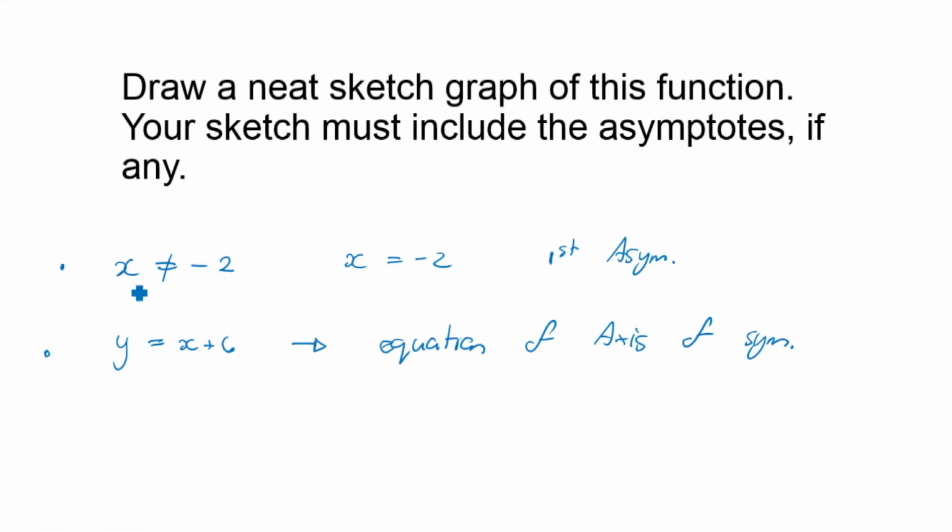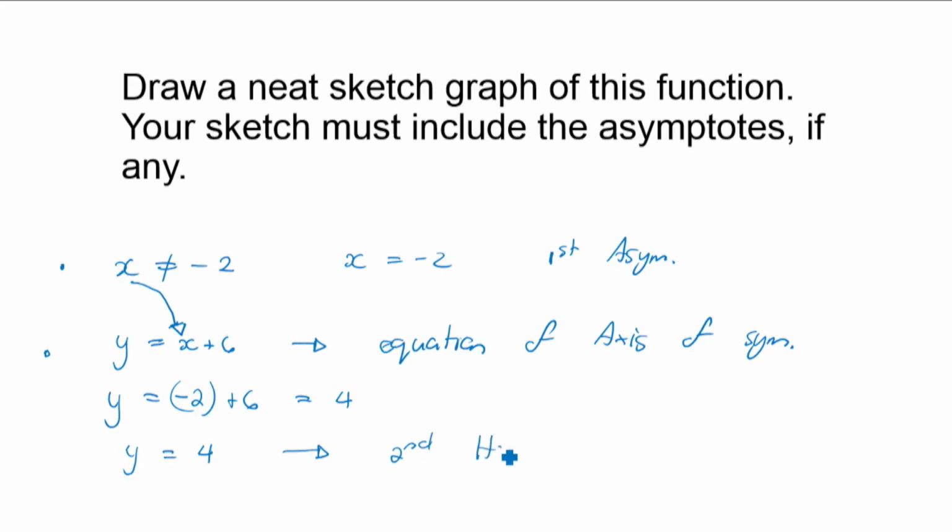So what we can do is substitute in this first asymptote over here, because they're going to cross there, get our corresponding y value, and that will give us the second asymptote. So y equals minus 2 plus 6, which is 4. So y equals 4 is the second asymptote.